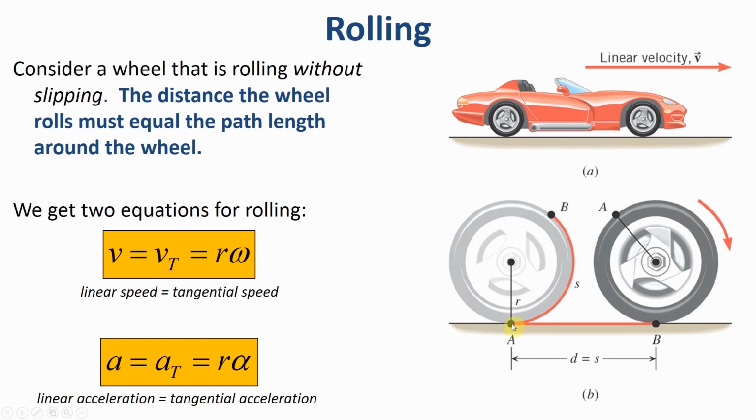So if my wheel is going to go from point A to point B, the distance from A to B is the same as the distance around the wheel, s, from A to B. And the equations for rolling are exactly the same as we've worked out before for tangential velocity and acceleration, r omega and r alpha. So I can connect the car's speed, v, to the angular velocity of the tires, omega. And then I could do all the kinematics equations to know everything that I need to know.